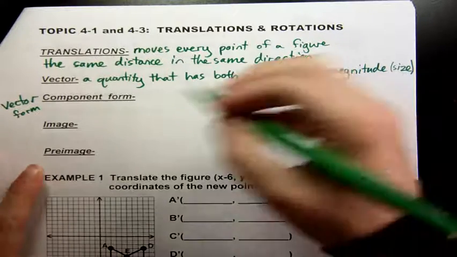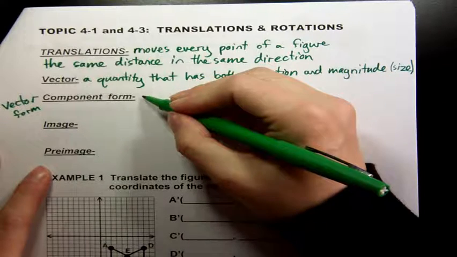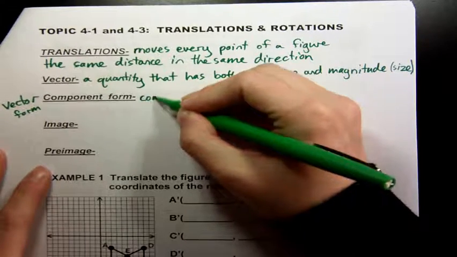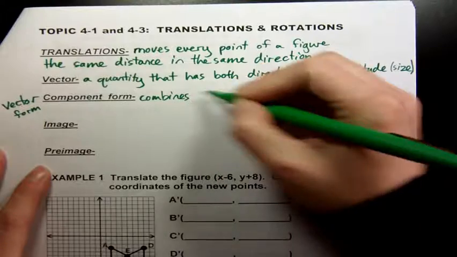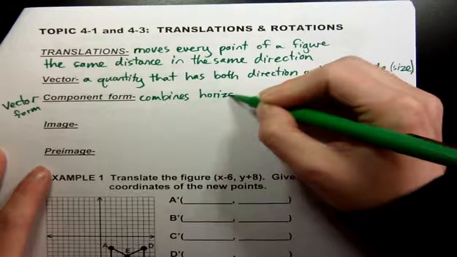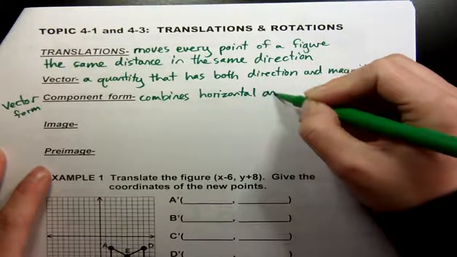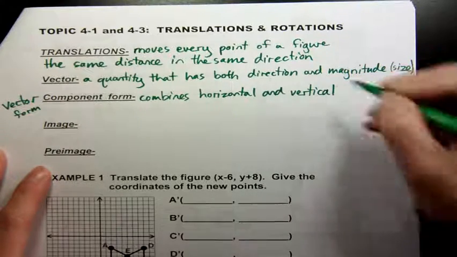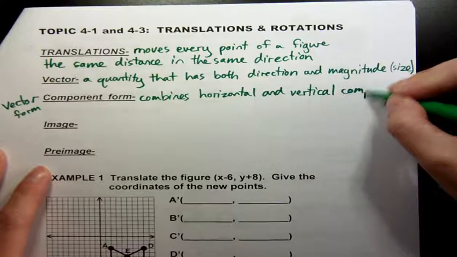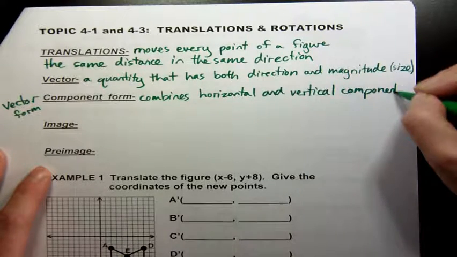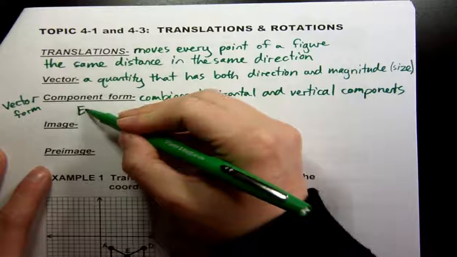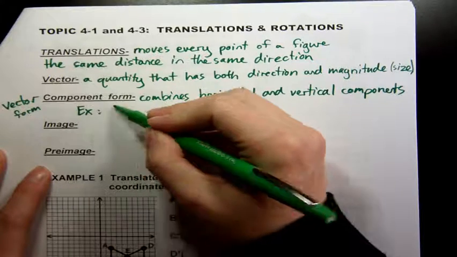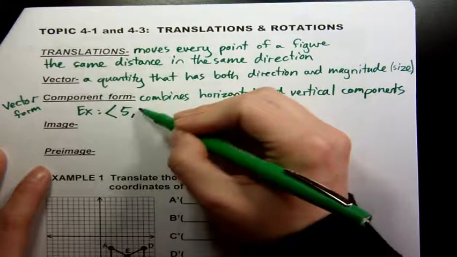Alright, so then component form, it combines the horizontal and vertical. So like for example, we have 5, 3.